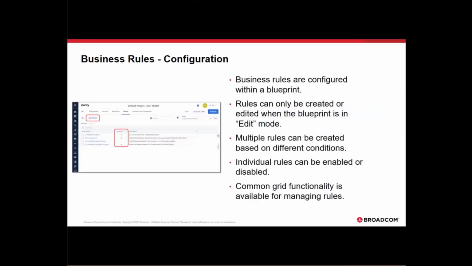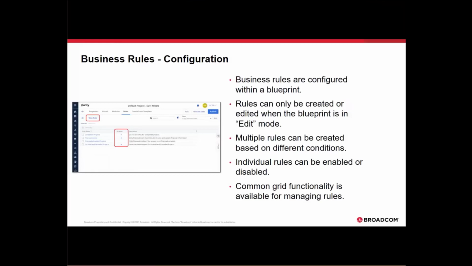First, let's look at the configuration of the business rules. Business rules are configured within a blueprint. Rules can only be created or edited when the blueprint is in edit mode. Multiple blueprints can be created based on different conditions. Individual rules can be enabled or disabled within the same blueprint.